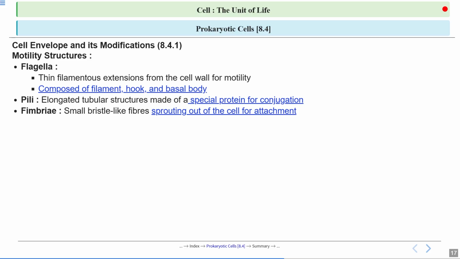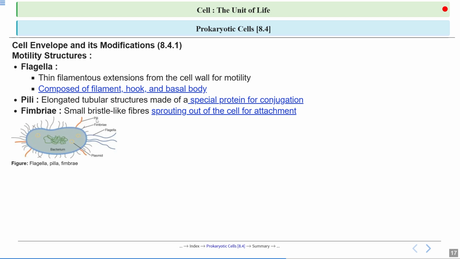So this is fimbriae. Now next one. Clear? So fimbriae basically help in the attachment of these prokaryotes onto the rocks as well, or on the host tissues. This is an image showing you flagella, pili, and the fimbriae.